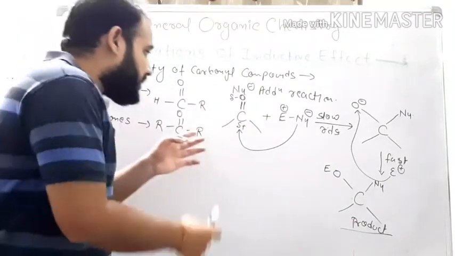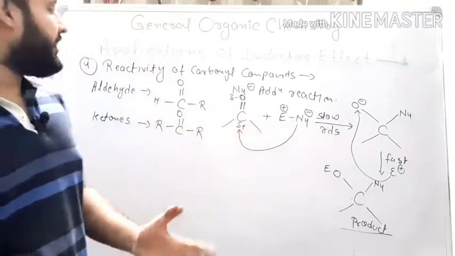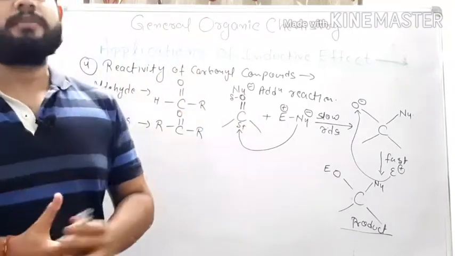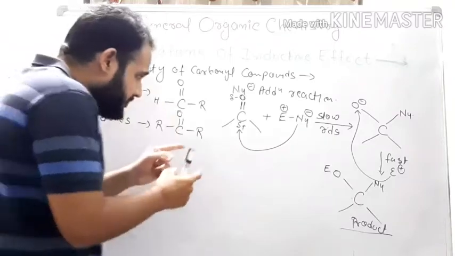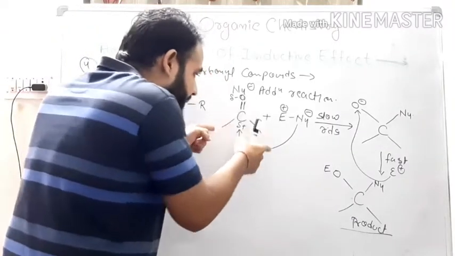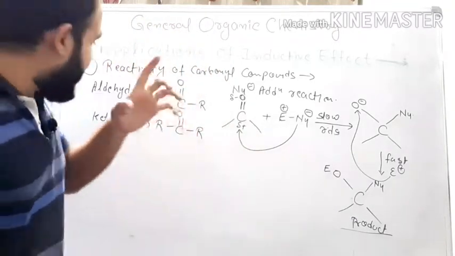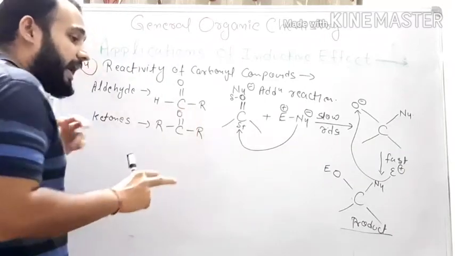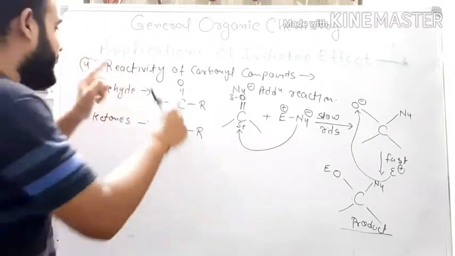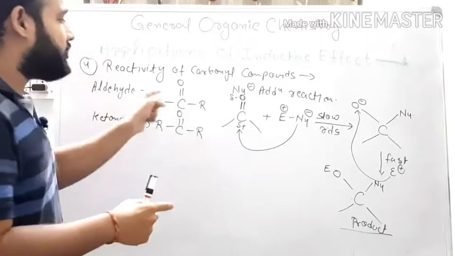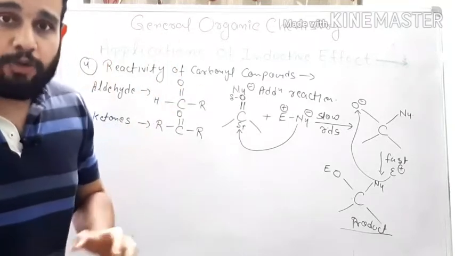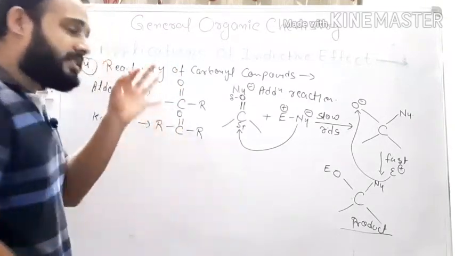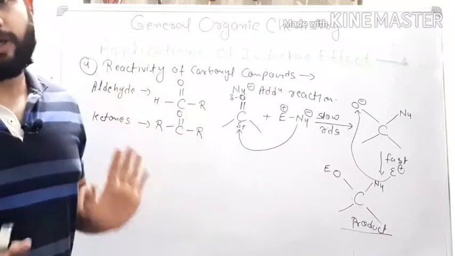Now how is this reaction influenced by the inductive effect? See, carbonyl carbon has two valencies. In an aldehyde, it can bind either both valencies with hydrogen, or one valency with hydrogen and another with an alkyl group. And in a ketone, both valencies bind with two alkyl groups.